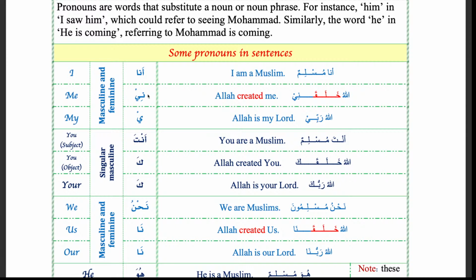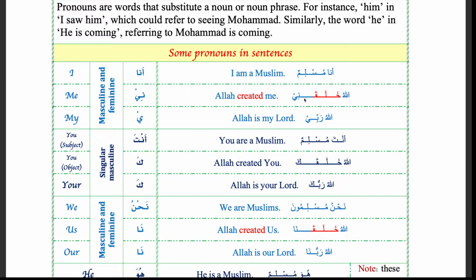Now this noon, you put this noon when you use the me pronoun next to a verb. When you use the me pronoun next to a verb, you put the noon. Why do you put the noon?